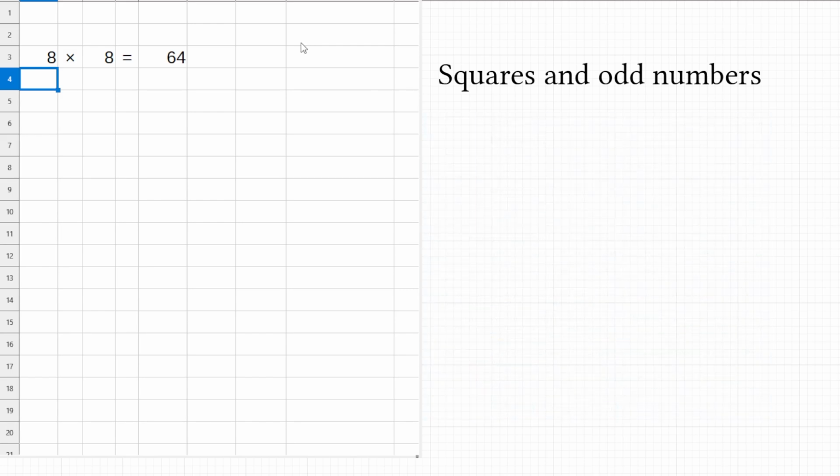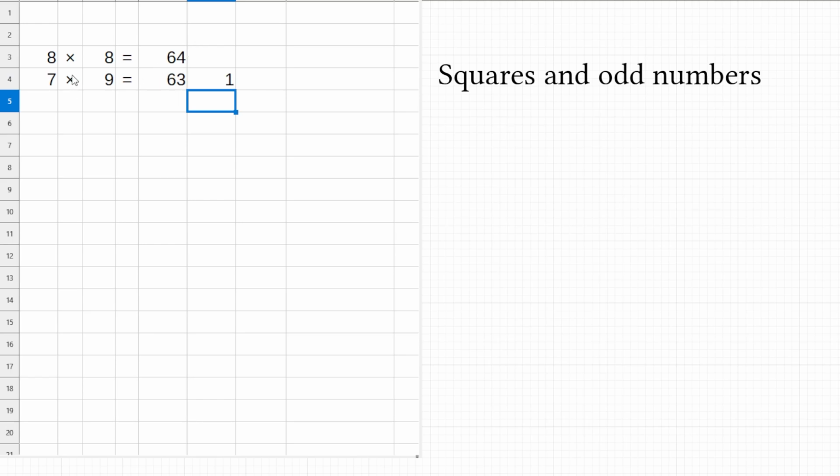What they noticed was, if you take a square like an 8 by 8 square we have here, 8 squared is 64, then you make one side of that square shorter by 1 and the other side longer by 1, so you get a rectangle, and the product of those two new numbers, the area of that rectangle, is now 63, which is exactly 1 less than the area of the square we started with. So the difference is 1, as you can see.